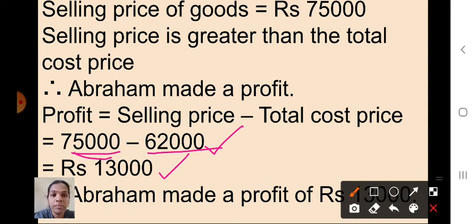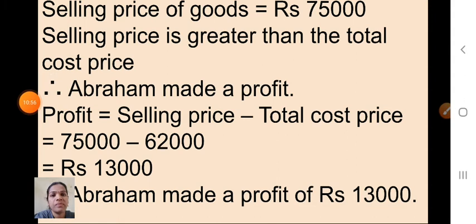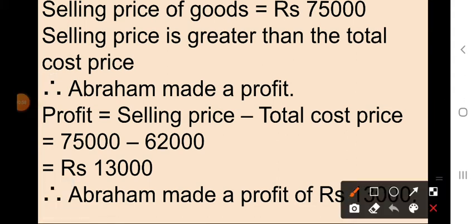So Abraham made a profit of rupees 13,000. Understood, children? This is your final answer: Abraham made a profit of rupees 13,000.